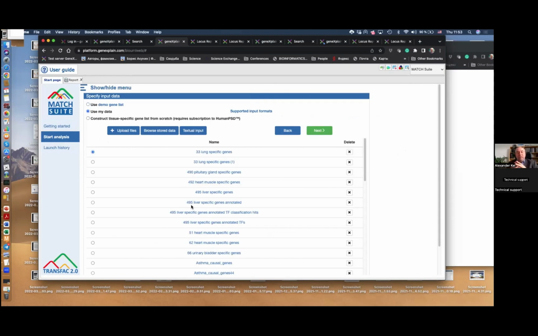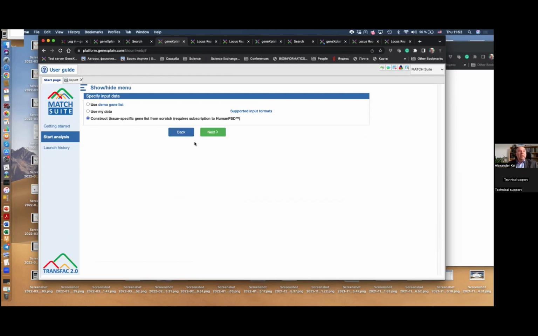which you want with specific properties. For instance, you want this promoter to be testis specific, right? Then first you should collect a set of testis specific genes, and you can do it here in Match Suite.